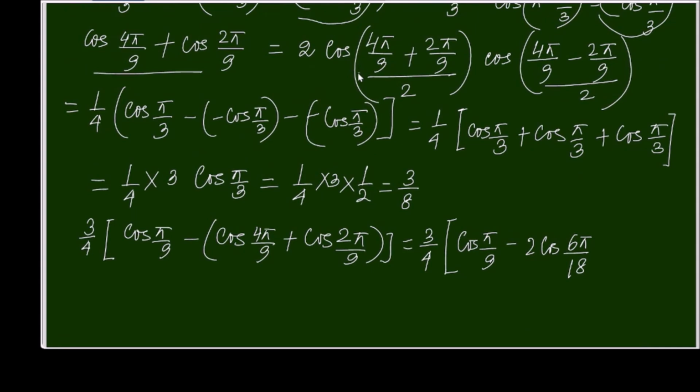So this will be 6 pi by 18 and this will be 2 pi by 18, cos 2 pi by 18. So this is pi by 3 and this will be pi by 9.